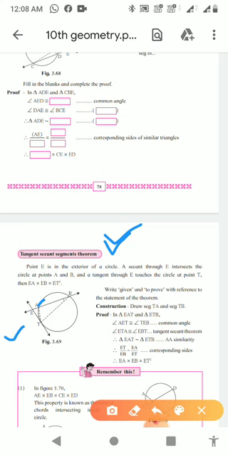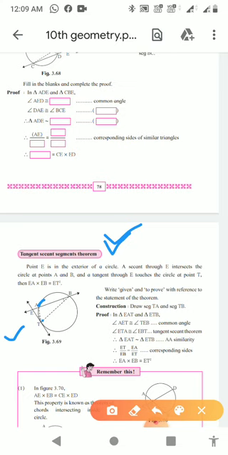Similarly I will join T with the other intersection point of the secant with the circle, that is B. I can join TA and TB. After joining, what will I get? If we closely observe, we will get 2 triangles.